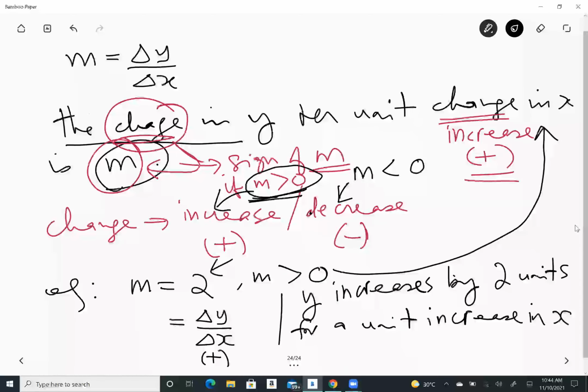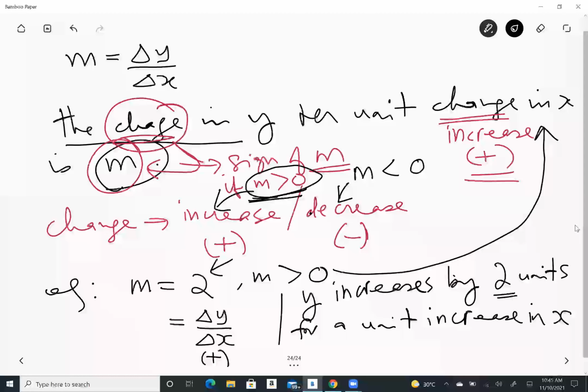So how do you describe the change in Y by the value of M? M is the change in Y. So here M is the increase in Y, so the increase in Y is 2. You say Y increases by 2 units for a unit increase in X. Any question?